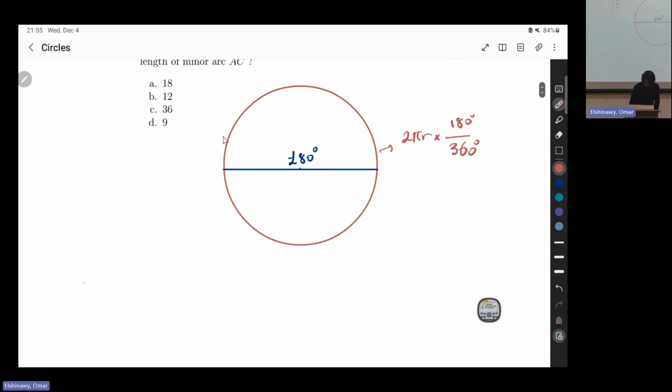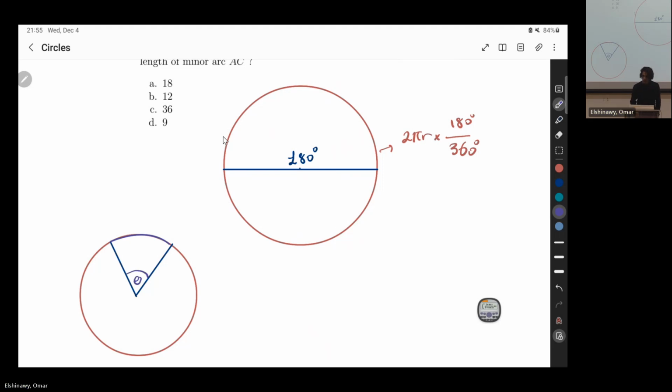As a matter of fact, if you just take an arbitrary cross-sectional part, be it area or circumference, and let's say it has an angle theta, then you find out what this angle theta is with respect to 360 degrees.